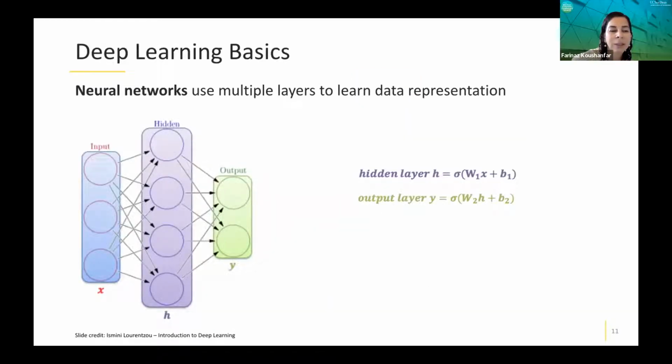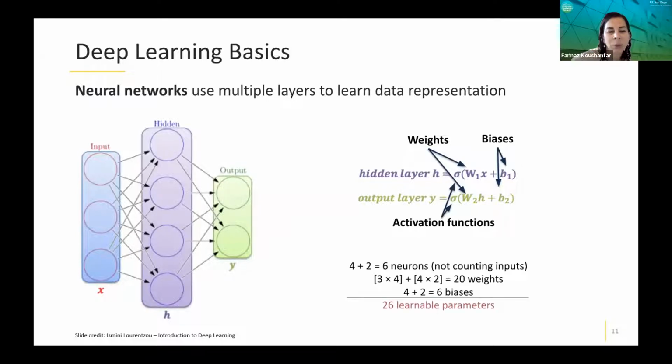Now, these kinds of neural networks typically use multiple layers to learn the data representation, and the hidden layers and the output layer can be shown by these functions.